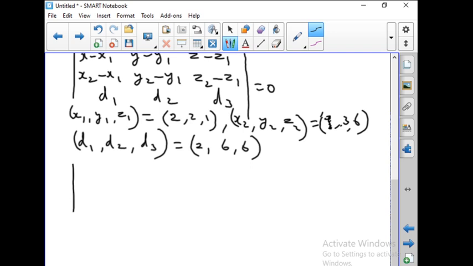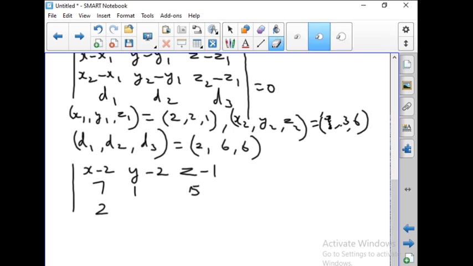So determinant of x minus 2, y minus 2, z minus 1; then x2 minus x1, 9 minus 2, 7; 3 minus 2, 1; 6 minus 1, 5; then 2, 6, 6 is equal to 0.